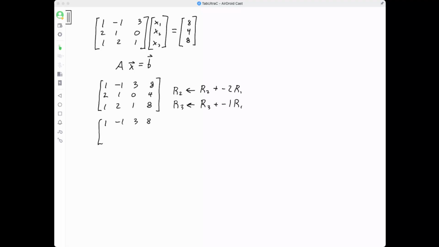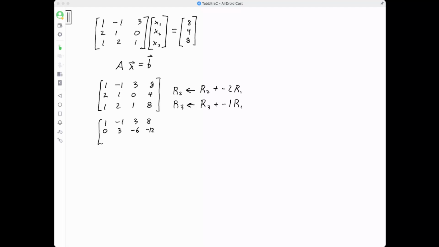The second row becomes 2 plus a -2 is 0. 1 plus a -2 times a -1 is 1 plus 2 is 3. A 0 plus a -6 is -6. And 4 plus a -16 is -12.